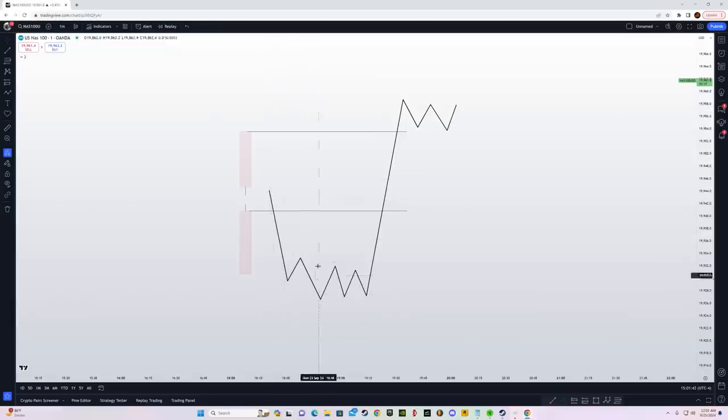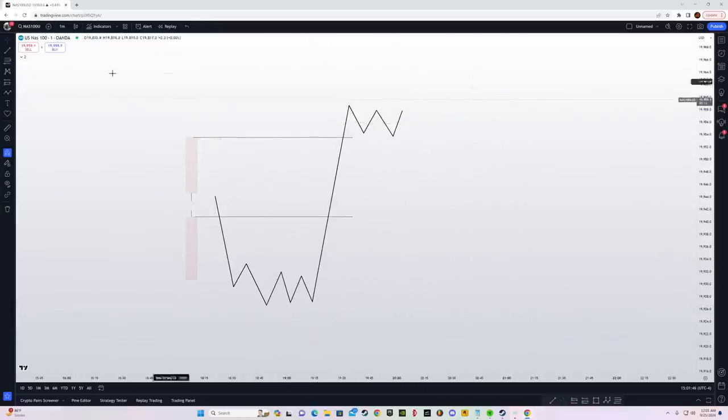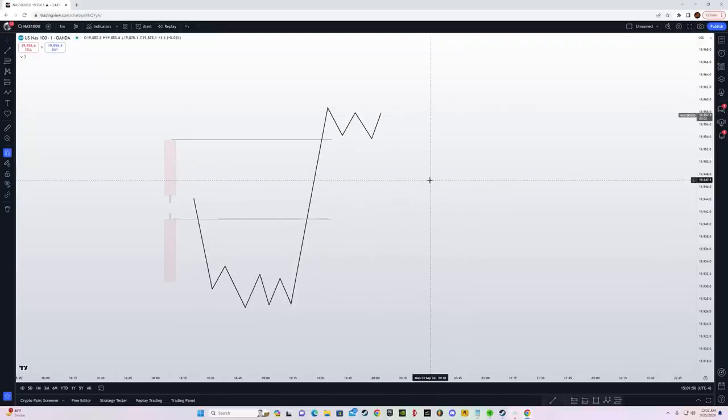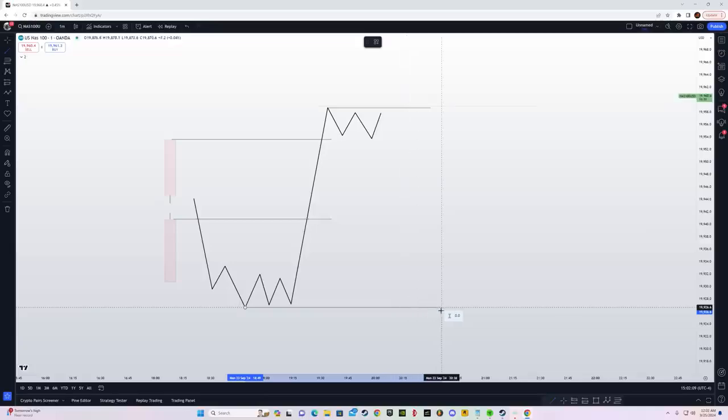I want the price to engineer sell side and buy side liquidity before 7 p.m. New York time. So that is 19 on your chart. Before that, I want the price to engineer sell side liquidity below the new day's opening gap and buy side liquidity above the new day's opening gap. So this is buy side and this is sell side.